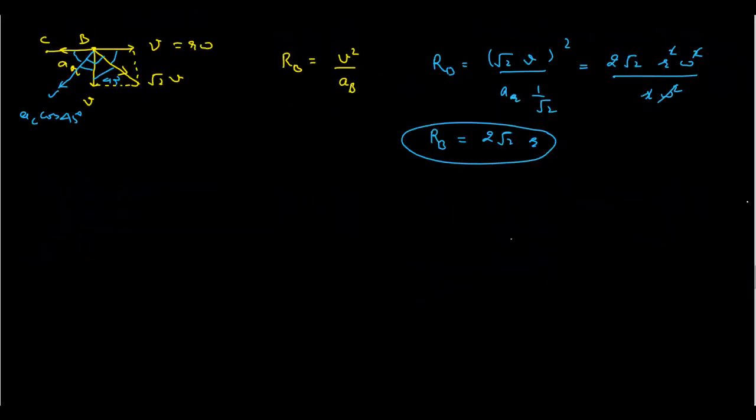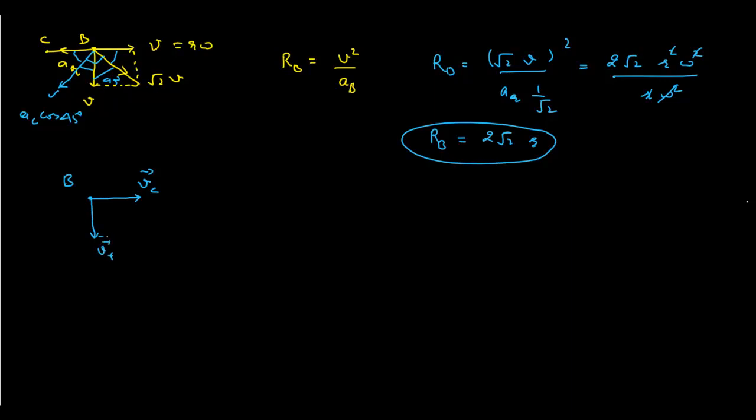Clear? Now if you want to solve the question using the definition approach, now this is point B, and let this point B be the origin. Now the velocity of point B is the vector sum of the velocity of the center of mass plus the tangential velocity. Clear?